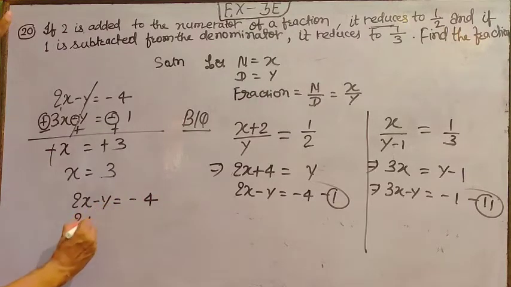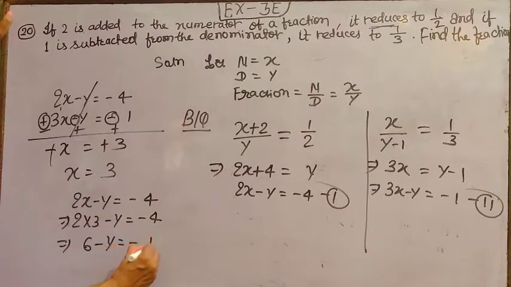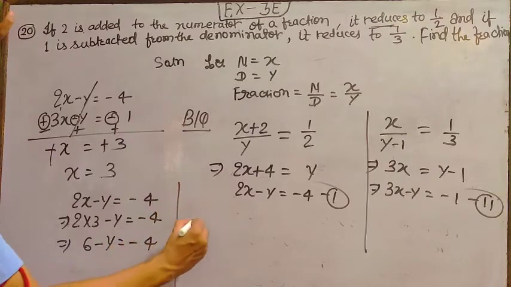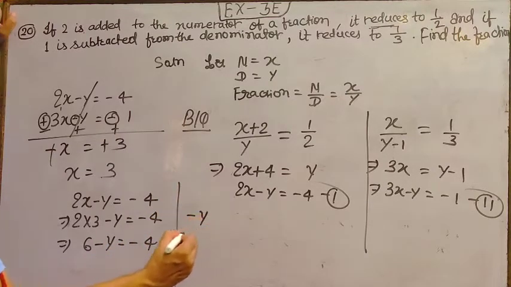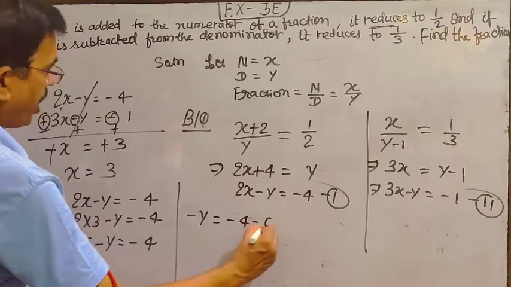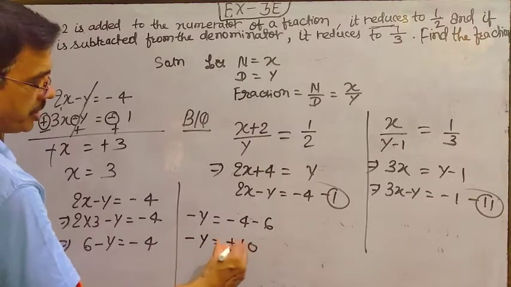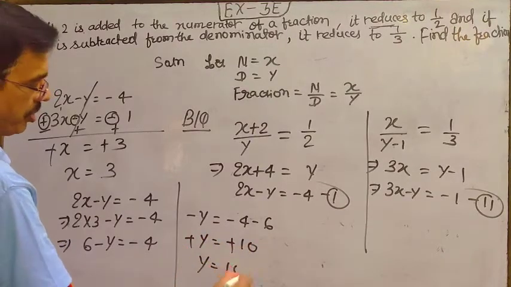You write here 2 into 3 minus y is equal to minus 4, that is 6 minus y is equal to minus 4. Then minus y is equal to minus 4 minus 6, then minus y is equal to minus 10. So y is equal to 10.